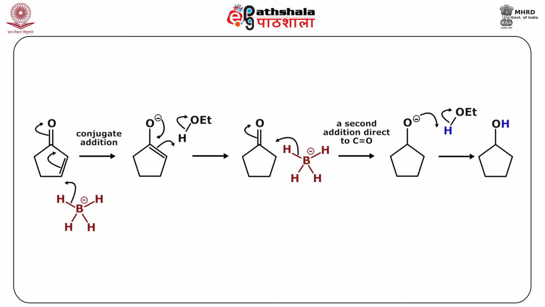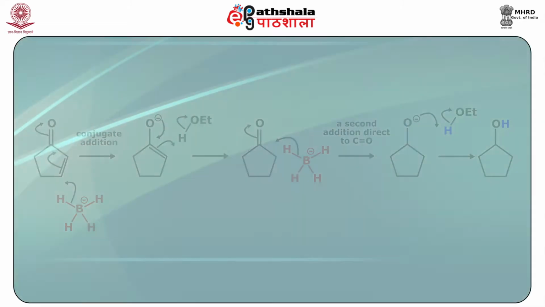So, here if you look at this cyclopentanone, through conjugate addition, first the double bond is getting reduced and then a second addition is happening to the carbonyl, and then the carbonyl is getting reduced to the corresponding alcohol.